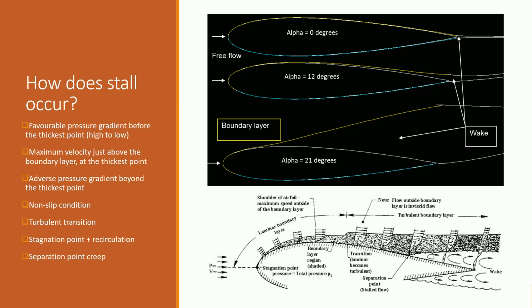Inside the boundary layer, the flow's velocity decreases to 0 as you approach the surface due to the no-slip condition. Further downstream from the thickest point, the flow inside the boundary layer becomes turbulent, where the overall direction of the flow is parallel to the surface, but the individual flows might not travel completely parallel.